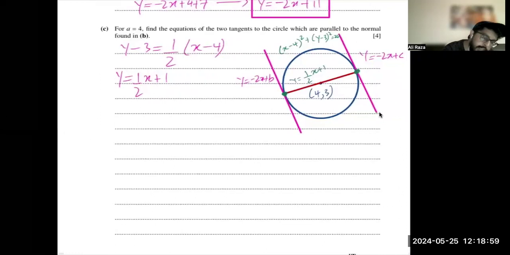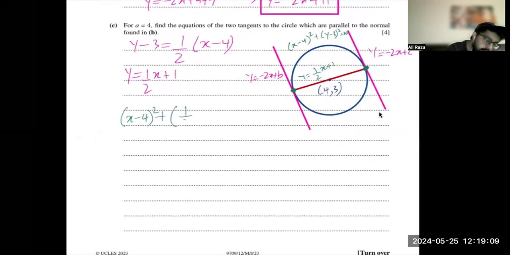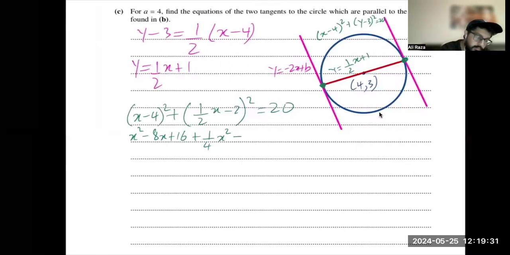When I substitute y in this, I'll get x minus 4 whole square plus half x minus 2 whole square is equal to 20. x square minus 8x plus 16 plus 1 over 4 x square minus 2x plus 4 is equal to 20.